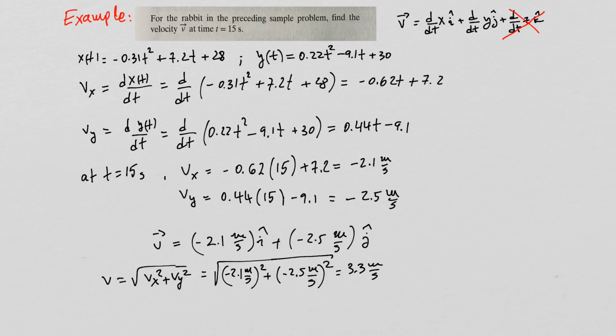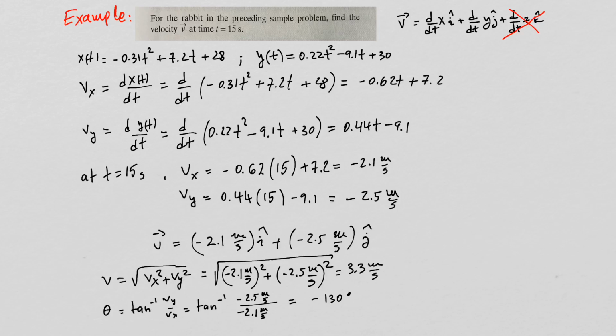And then the angle, or the orientation, is the inverse tangent of Vy divided by Vx. So this is the inverse tangent of minus 2.5 meters per second divided by minus 2.1 meters per second. This is equal to negative 130 degrees.